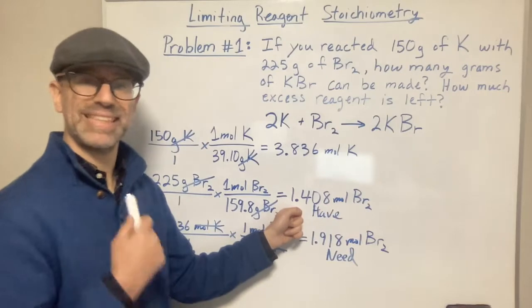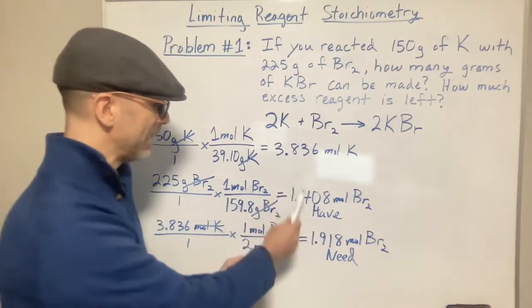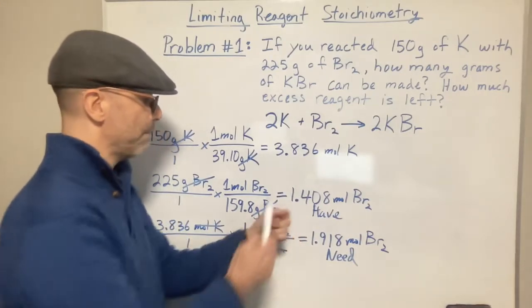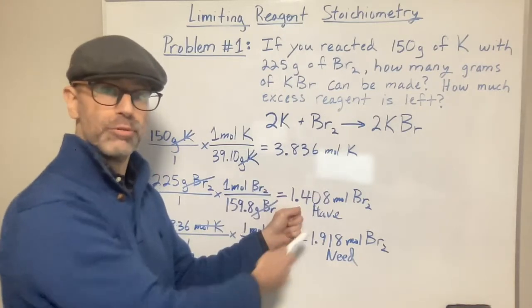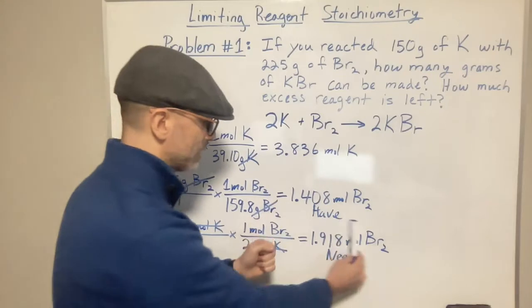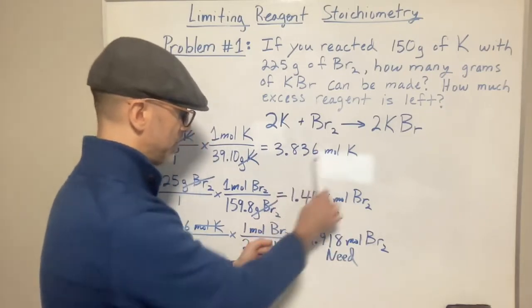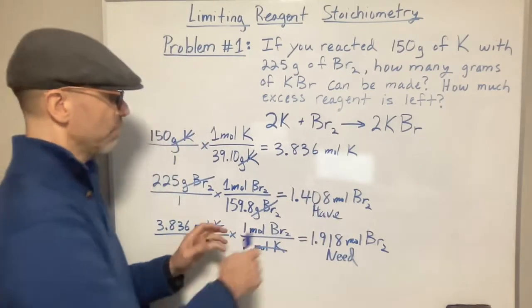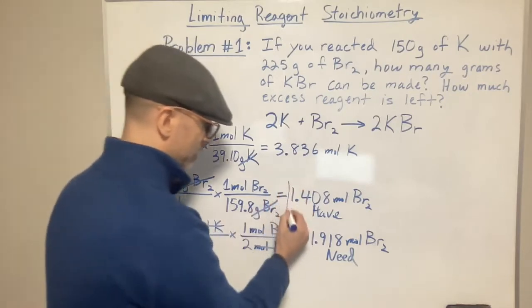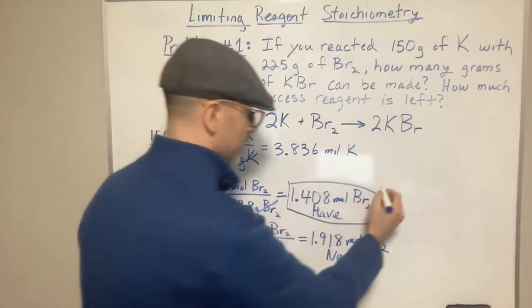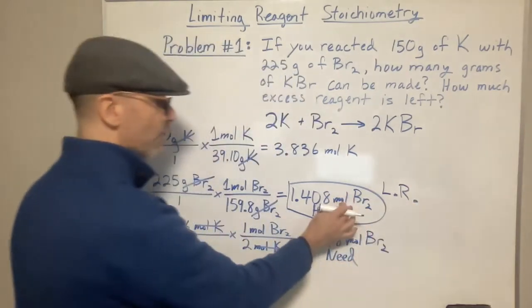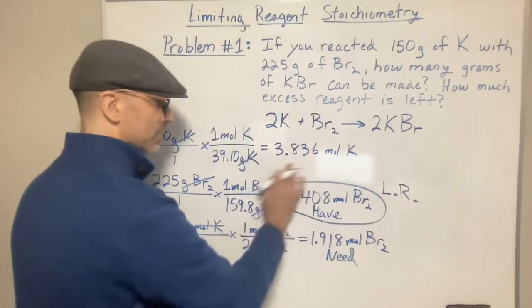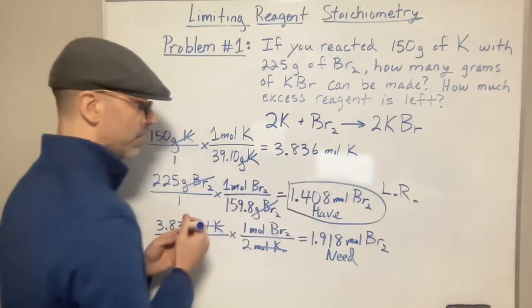The amount I have is less. So that means I don't have enough Br2. My Br2 is going to run out before I react completely with the amount of potassium I have. So that means that this is the limiting reagent, because I don't have enough of this to react completely with all of this.